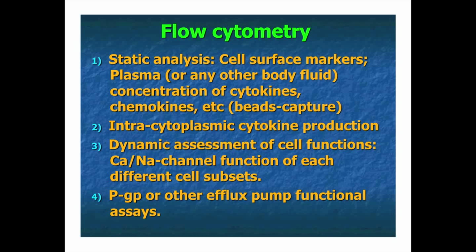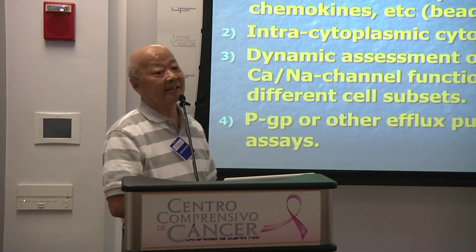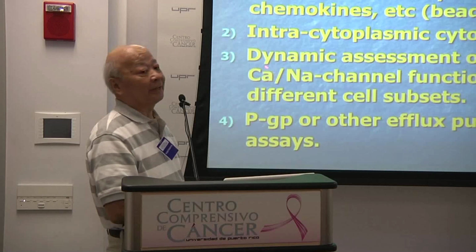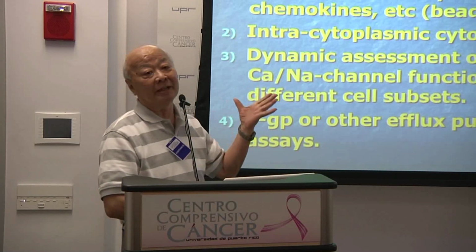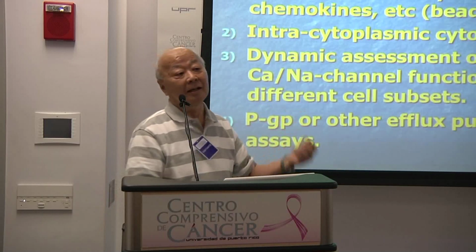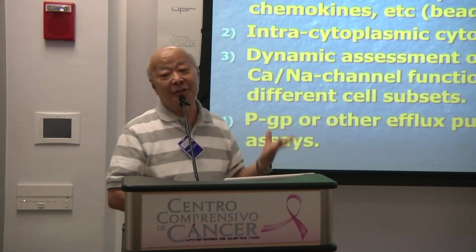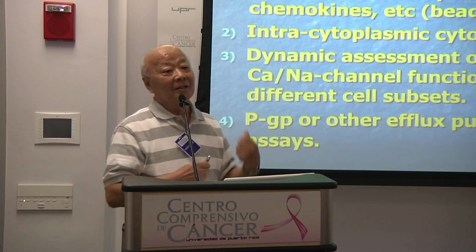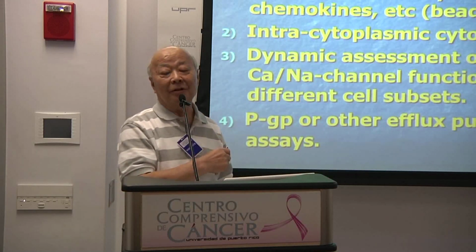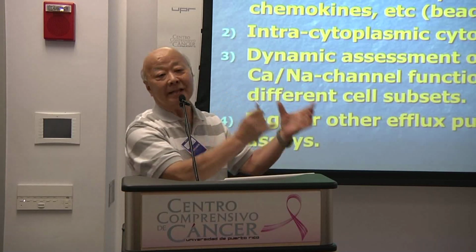And I will say additionally, there are some dynamic assessments of cell function. For example, there are many other assays, but flow cytometry can also be used for calcium or sodium channel function of the cells. Good thing about this, you can look at the channel function of the different cells.